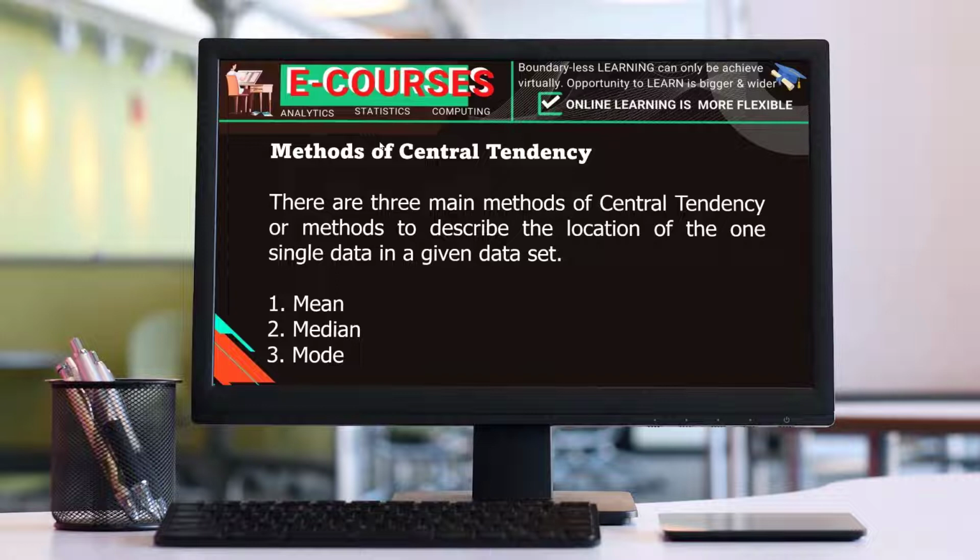So there are three main methods of central tendency, or methods to describe the location of one single data in a given data set. Okay, so these are the mean, median, and mode.